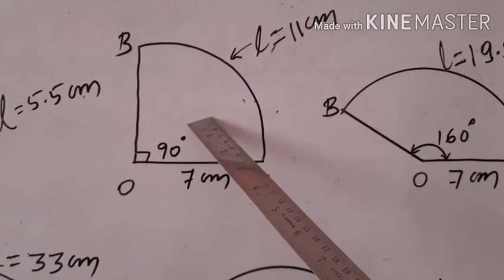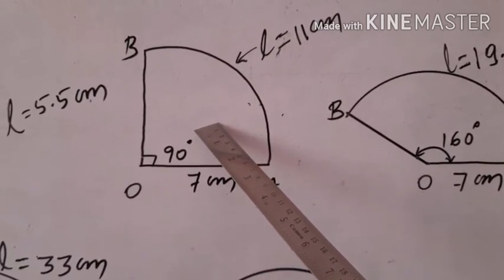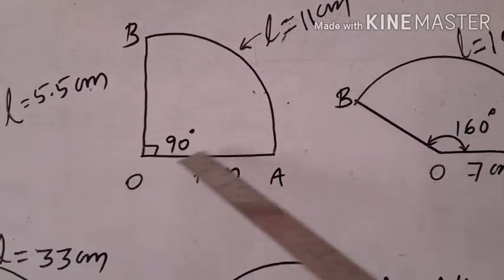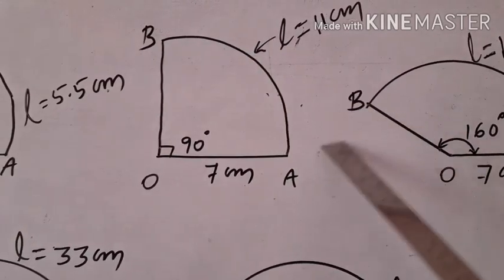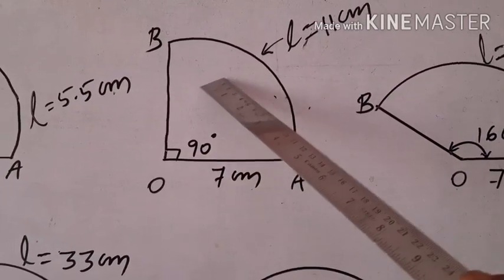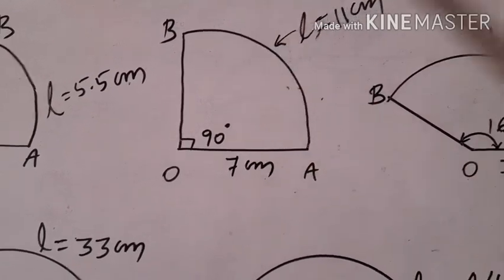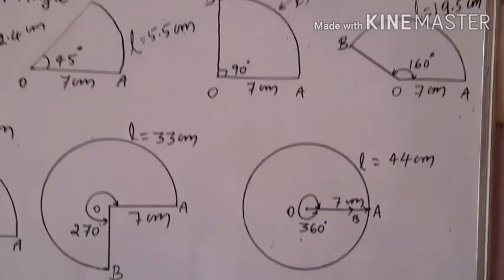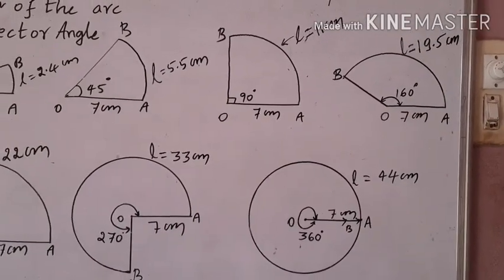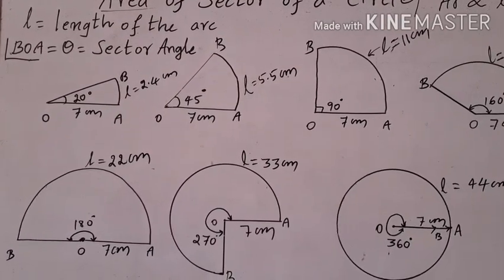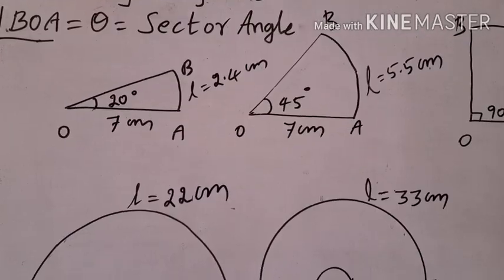The place covered by these two radii joined to the ends of the arc is called area of the sector. Anybody can calculate area of the circle, but how the area of the sector is calculated, that we are going to learn in this session.